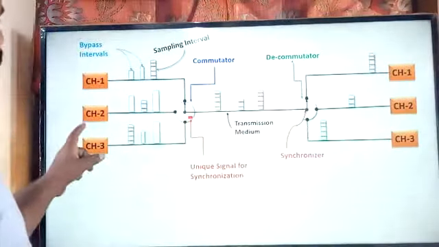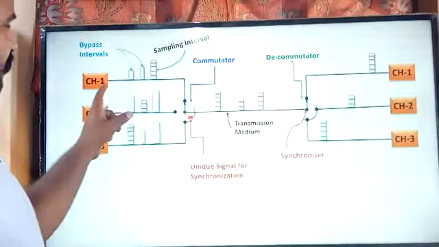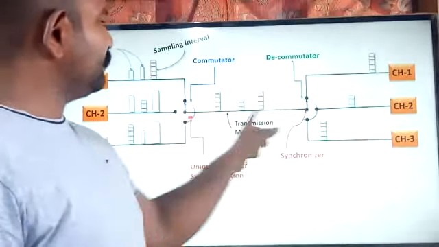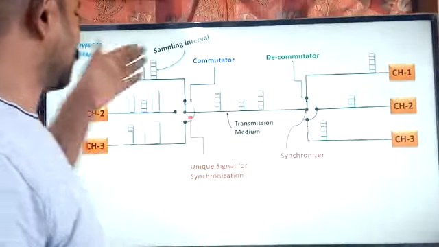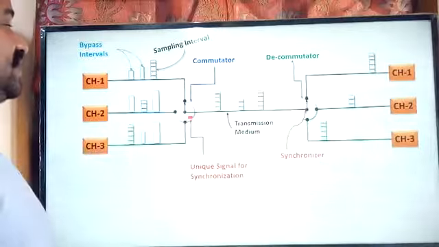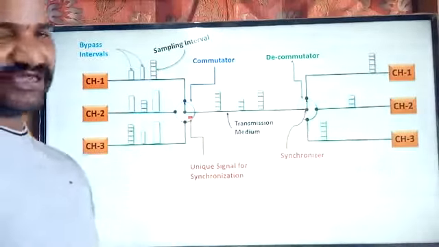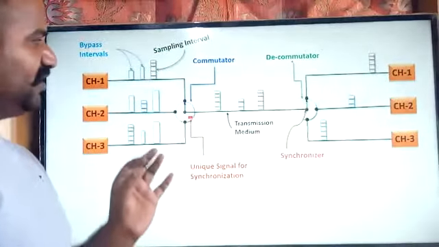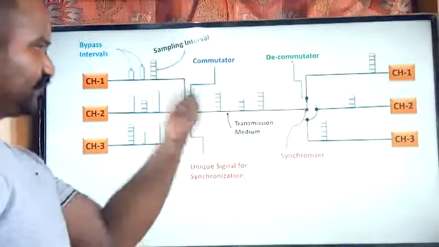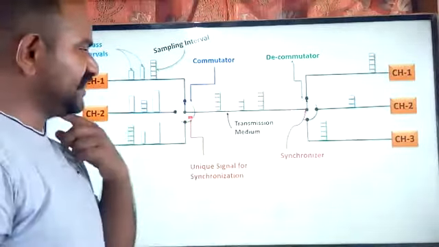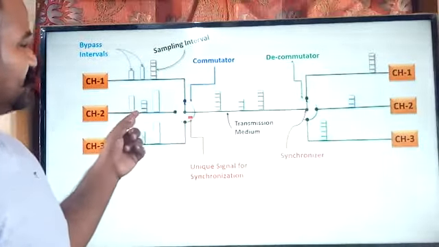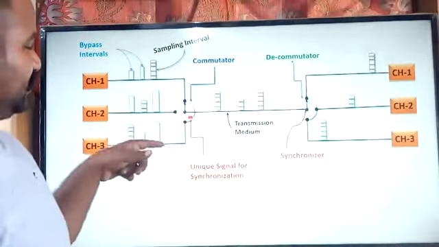These three channels are going to pass through the same path, a common path used between the channels. But this common path is not continuously allocated to a particular channel. It is allocated to each channel for a time period. After that time period, it is allocated to the next channel, and after the certain time period, to the next channel.